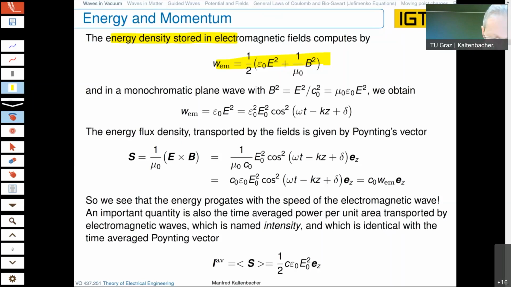And since we have this relation here, we can also rewrite this by the permeability and permittivity.